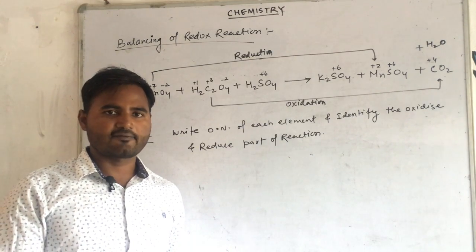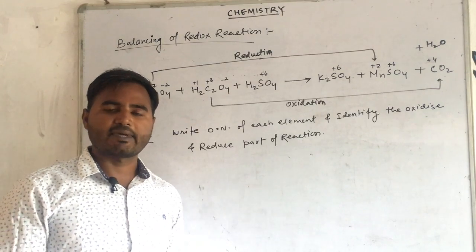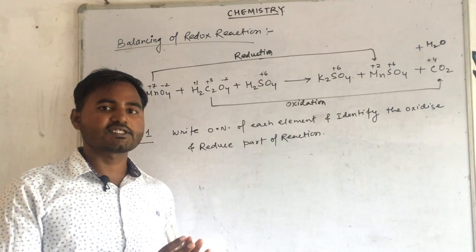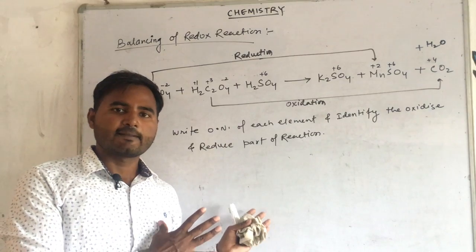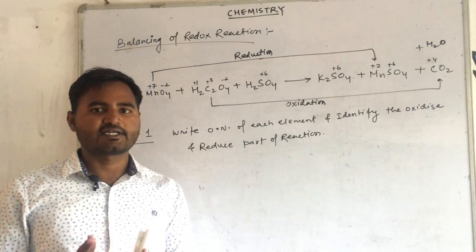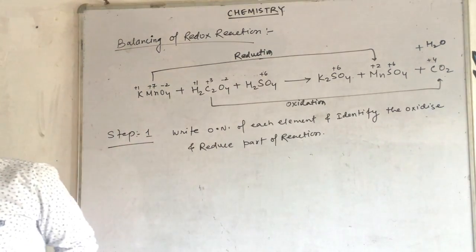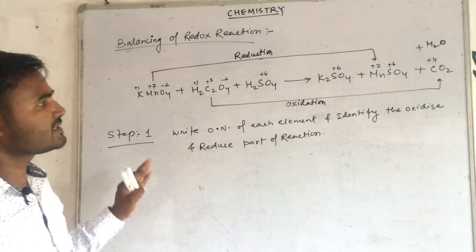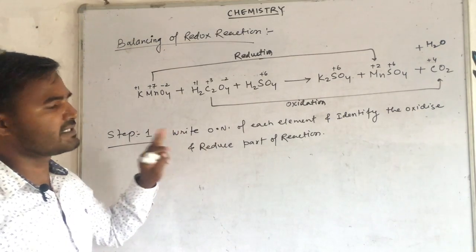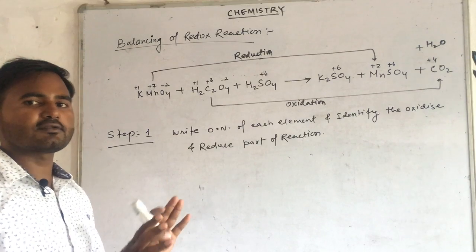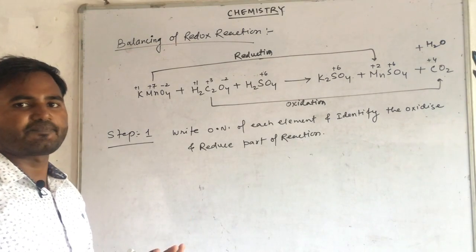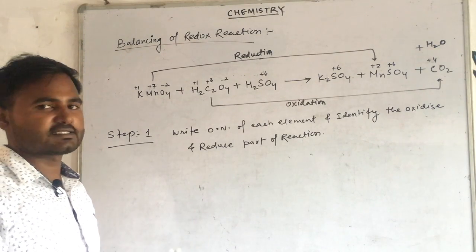I think it is clear what we are going to do in this method. We will break the reaction into two parts, the oxidation half and the reduction half. You have to focus only on the oxidation and reduction halves, not on the others.